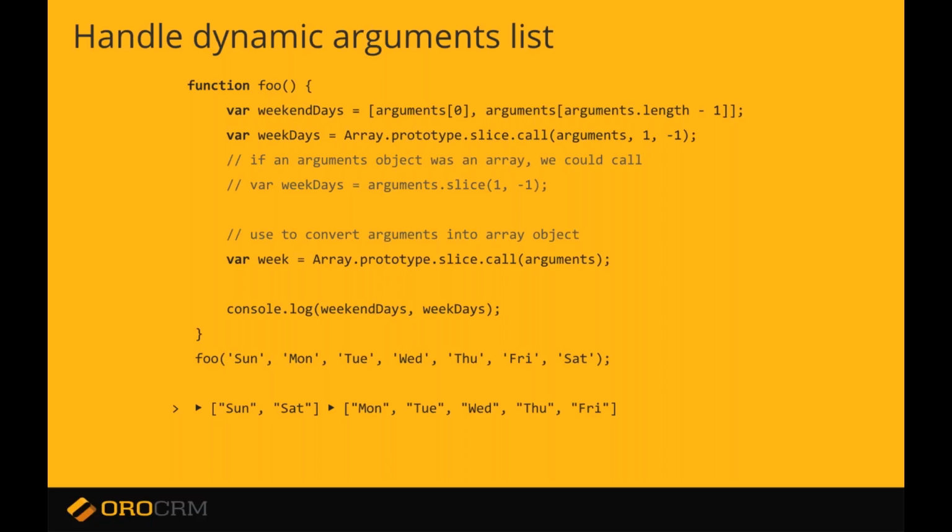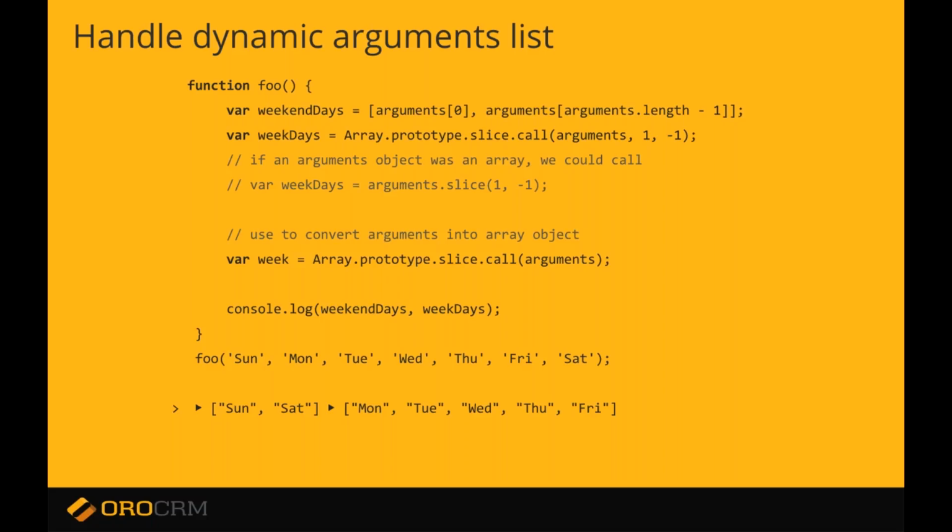It's pretty close to weekdays equals arguments.slice from first to one before last. It's pretty much the same, but we cannot do that because arguments does not inherit the prototype of array. But we can borrow a method from array and reuse it for our purpose.